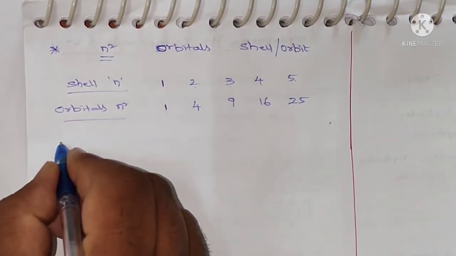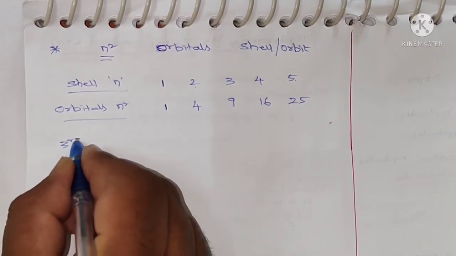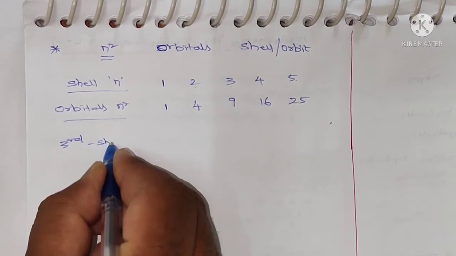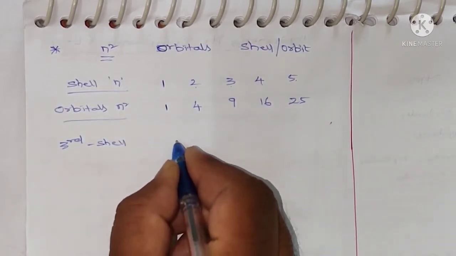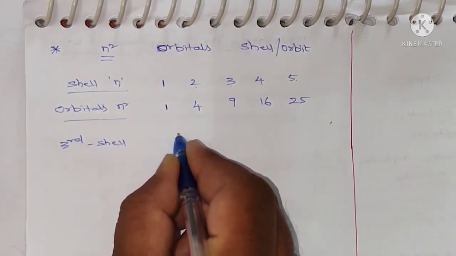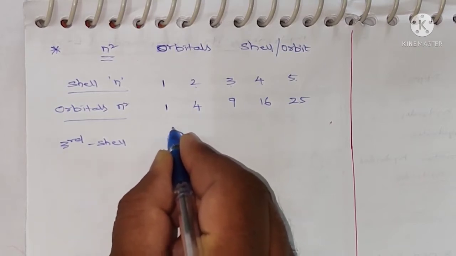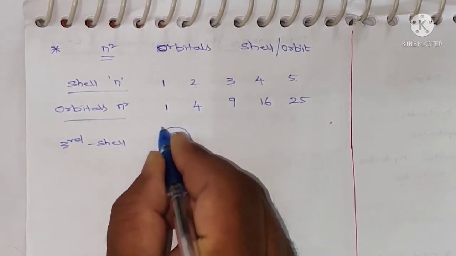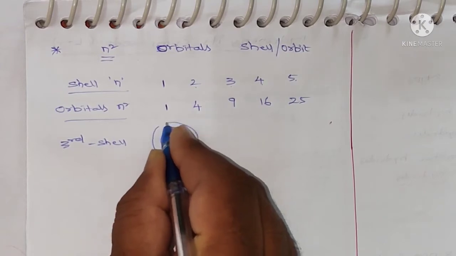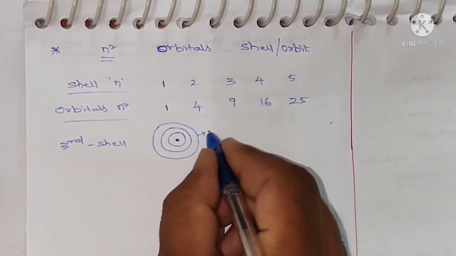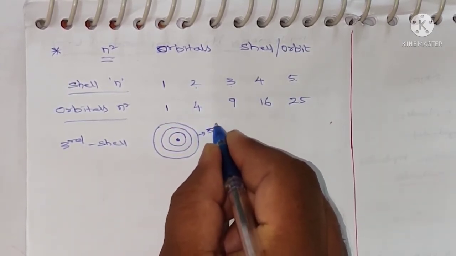I am going to find the total number of orbitals in third shell, means third orbit. So here it is a nucleus, first orbit, second orbit and third orbit or third shell. This is the third shell.